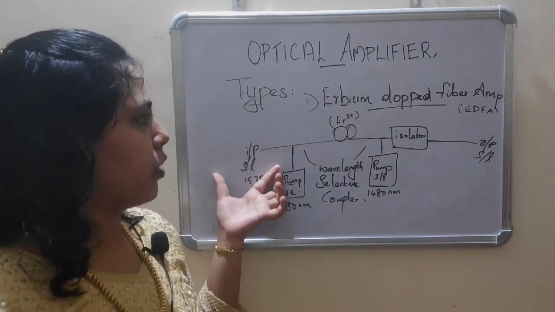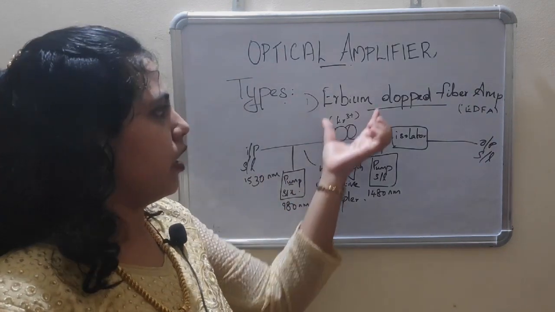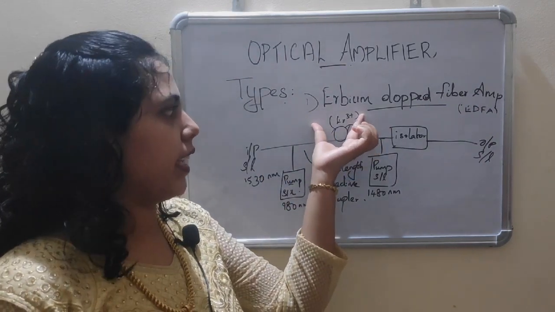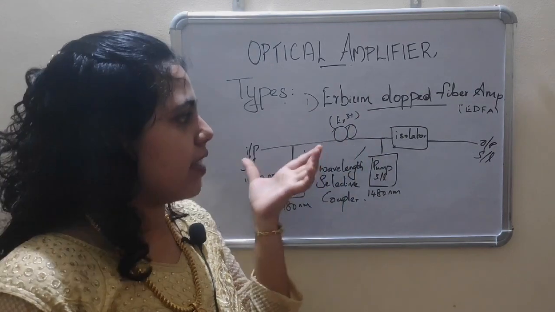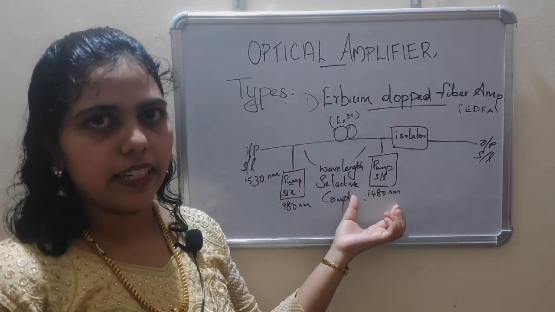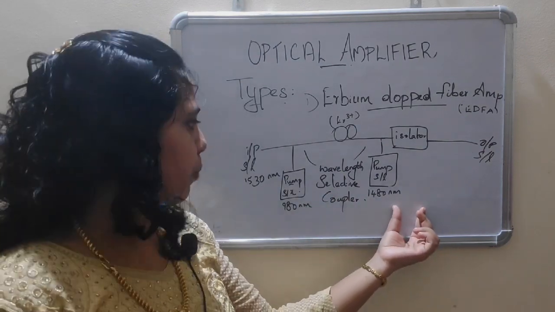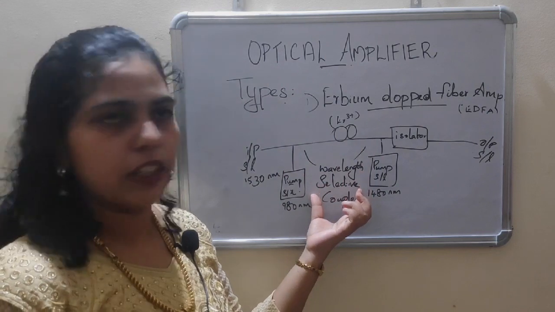Here the input signal will be considered at the range of 1530 nanometer. Here the core is doped with erbium, that is Er3+, and it has a length of silica fiber. Two pump signals are considered at 980 nanometer and 1480 nanometer, and a wavelength selective coupler is used.